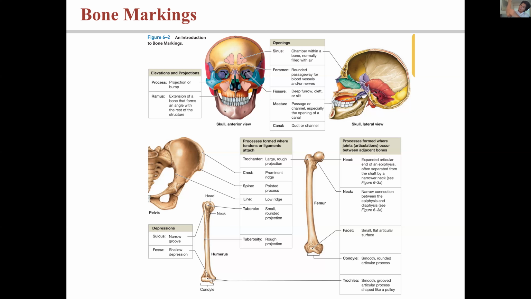If it did that, a lot of the force would be lost in the y direction here. But if it is inserted immediately at the end of the radius and ulna, then every pull will be more efficient. Every contraction will be more efficient.